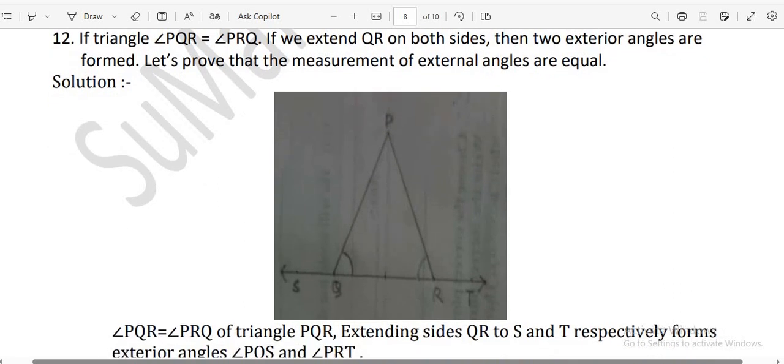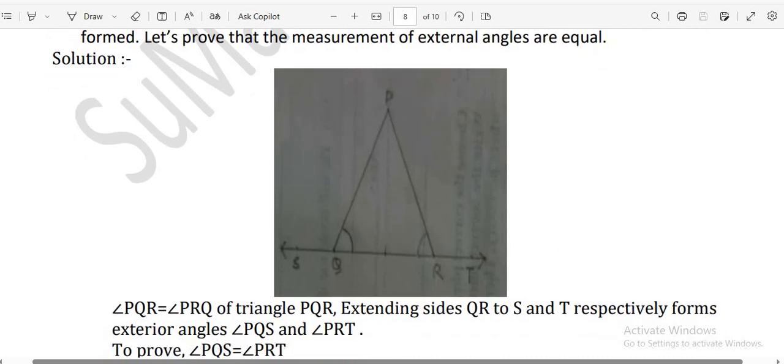Solution. Let us first construct the diagram for the above proof. Angle PQR is equal to angle PRQ of triangle PQR.